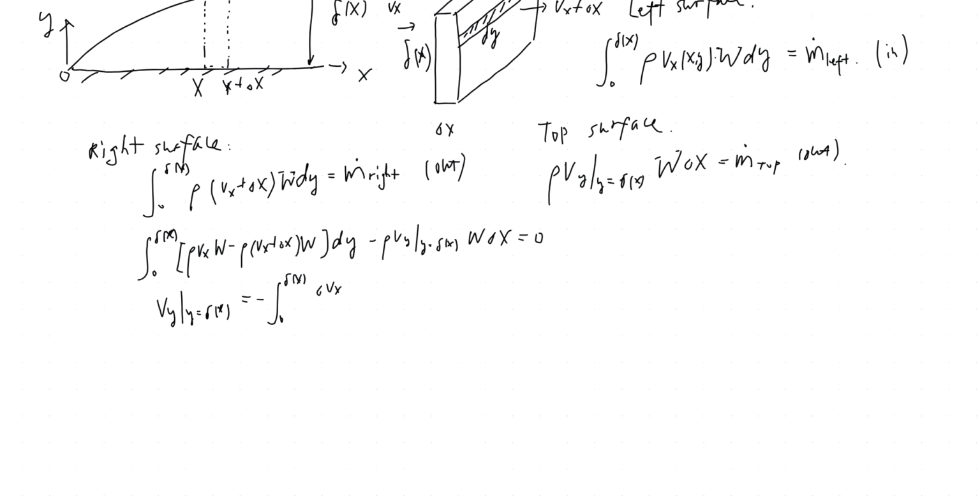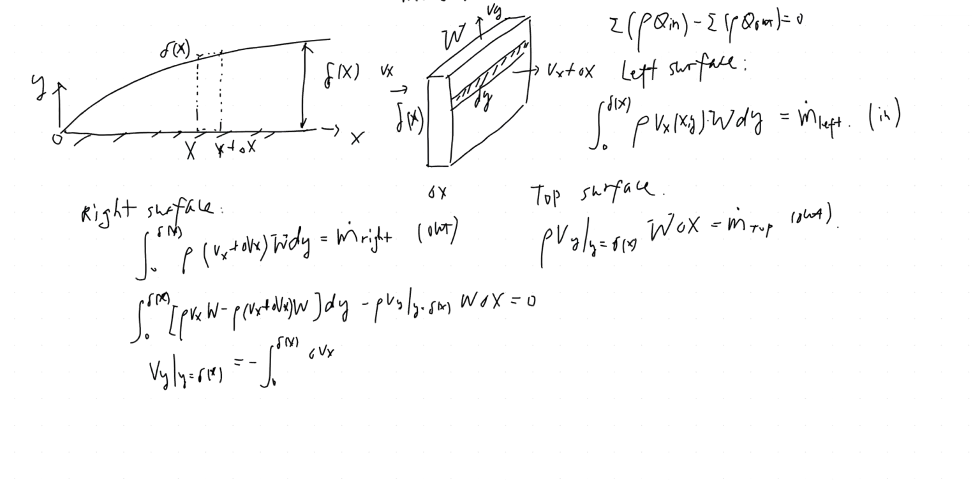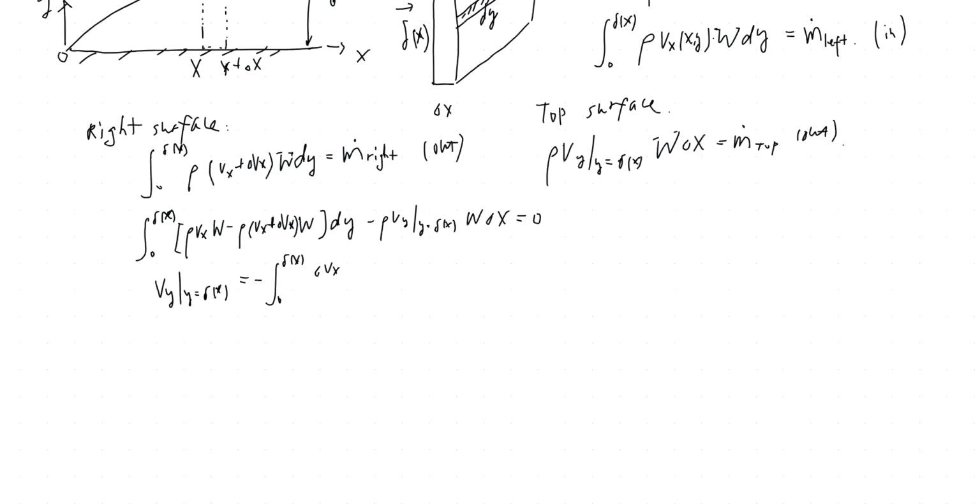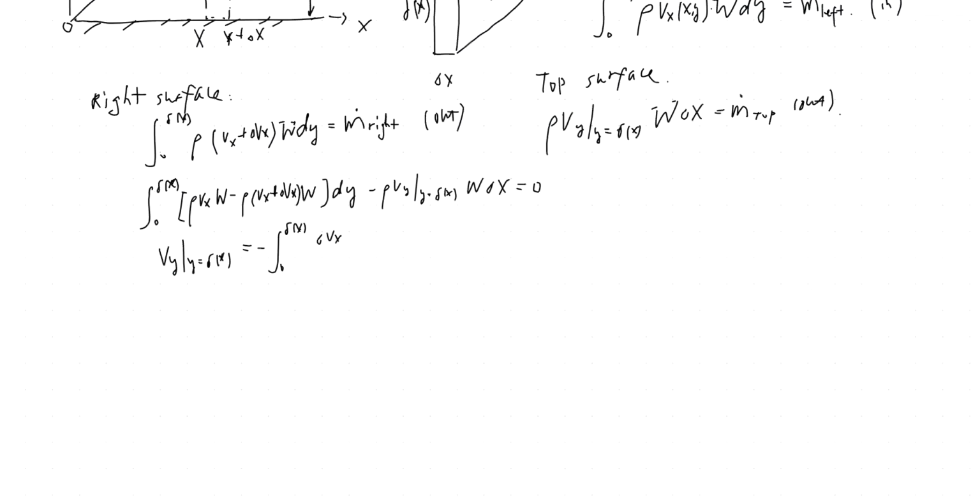It's not delta x, it's delta Vx. I also had the typo here in the diagram. It should be delta Vx. So we have delta Vx divided by delta x.